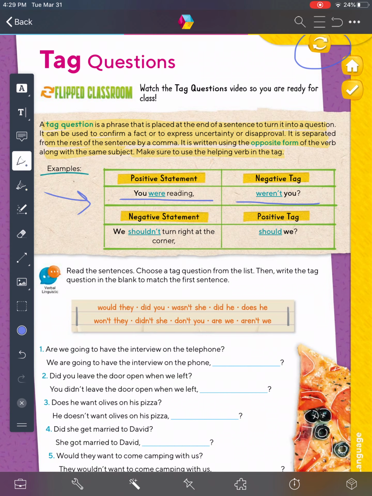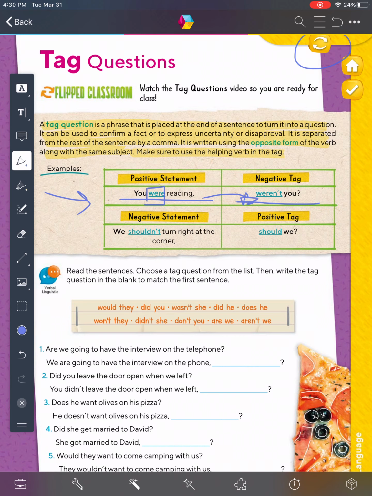Okay, so if you notice the verb here, the helping verb is were. So we have to use the same one, but in the opposite form. In this case, because it is an affirmative form on the first, we have to use the negative form on the tag. Okay. Now let's go with a negative statement.